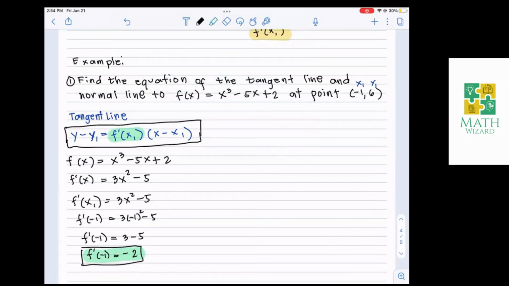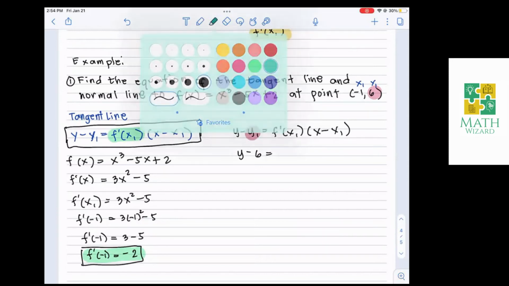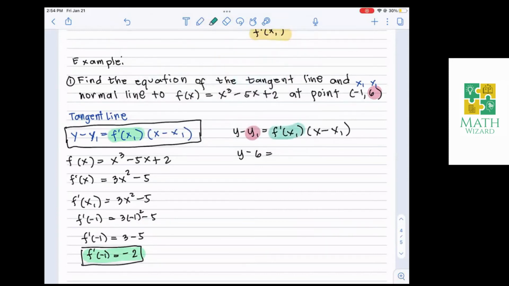So that becomes y minus y of 1 is equal to the derivative at x of 1, times x minus x of 1. So y minus, ang ating y of 1 is equal to 6. Papalit natin dito. So we have 6 is equal to the value of this one, that is negative 2, times x minus, ang value ng x of 1 natin ay negative 1.